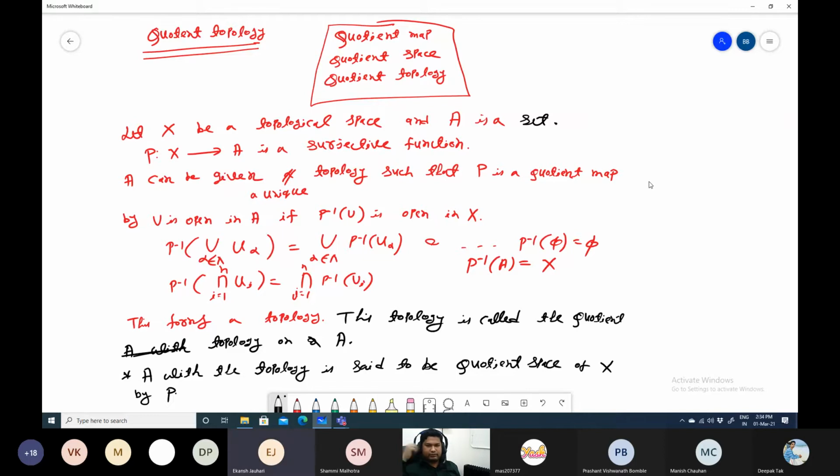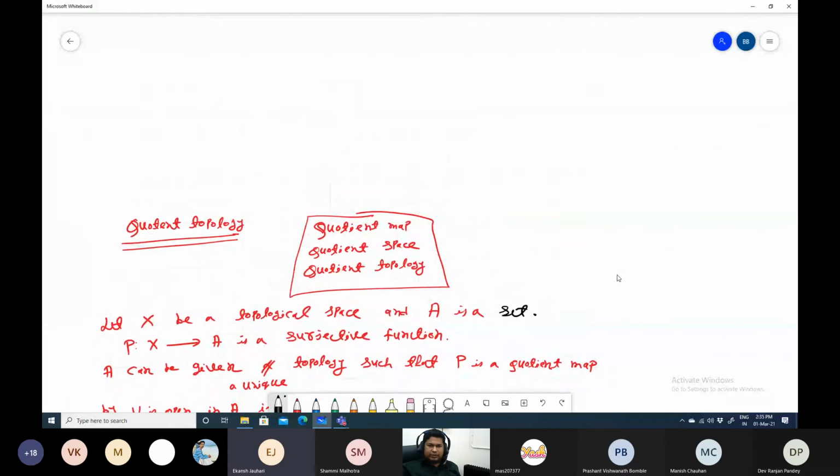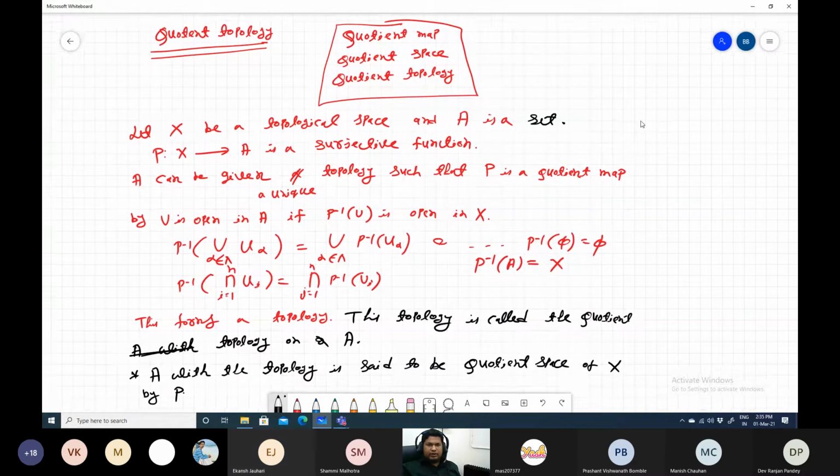Sir, above you defined that a continuous open map is a quotient map if every saturated open set is mapped to a saturated open set. Is this an if and only if condition? I wrote it here. I deleted that. Tell me again, what was the question?